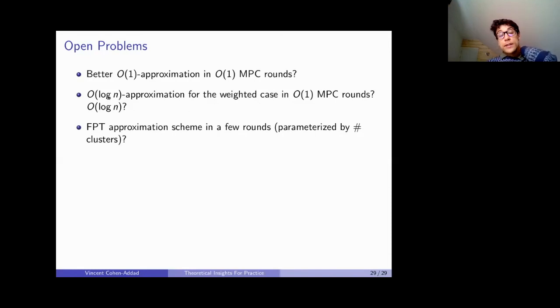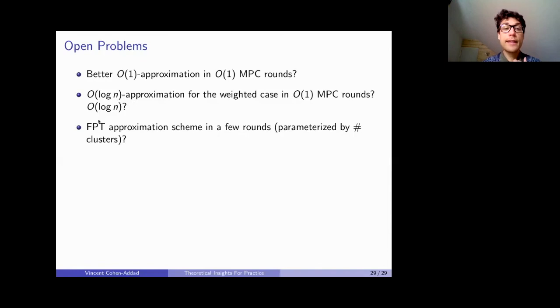Can we get a log n approximation in a constant number of MPC rounds? I know log n is going to be solving multicut. If you can reach the multicut bound in constant MPC rounds or in log n MPC rounds, I think that's already interesting, because often we have to deal with weights as well.